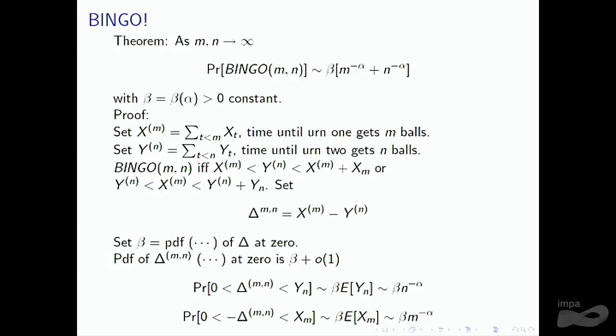And so the probability that y_n is actually bigger than that is like beta times the expectation of y_n, which is beta n to the minus alpha. So we get this asymptotic result here.